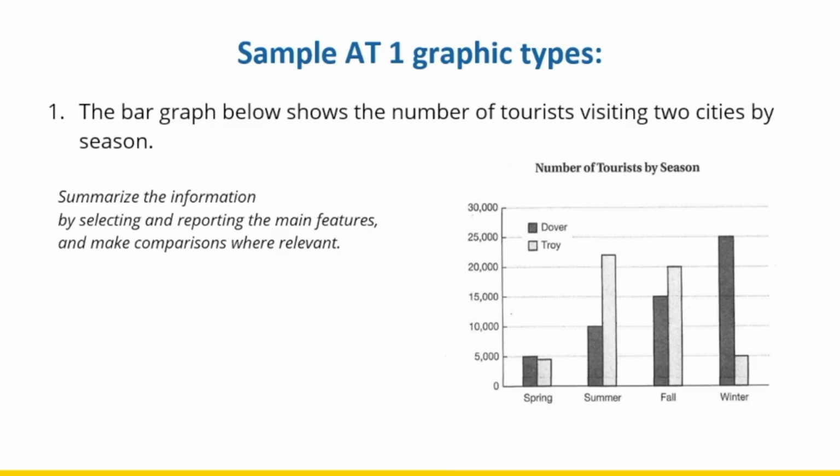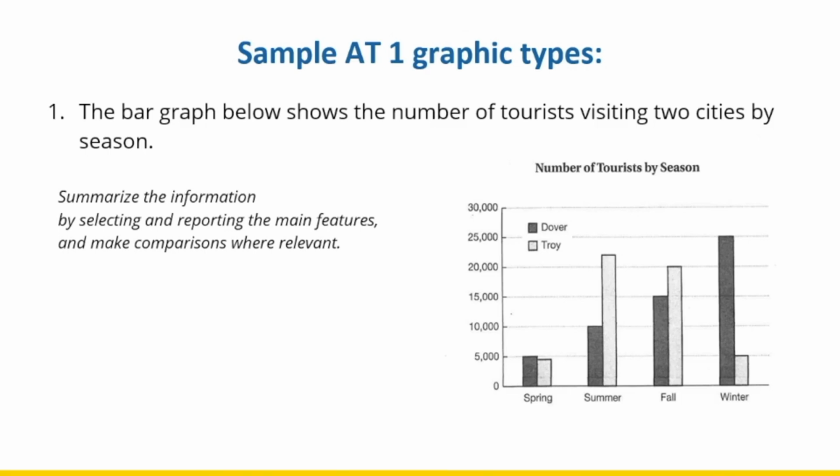So here we have a bar chart, and you're only going to select and report the most important details and make comparisons between them. So here, for example, we have number of tourists by season, and we have 2 cities. As we found out from reading this topic, Dover and Troy, we have numbers.